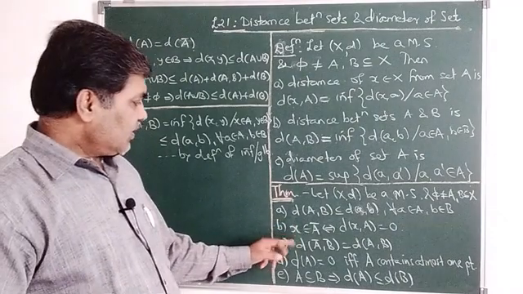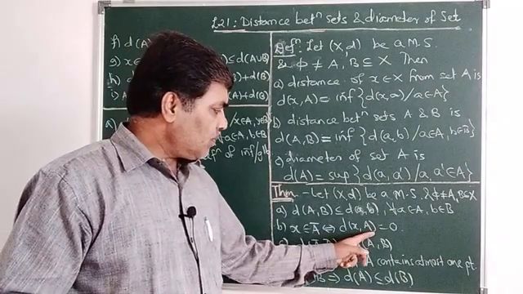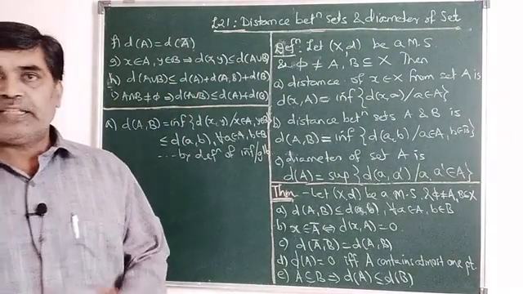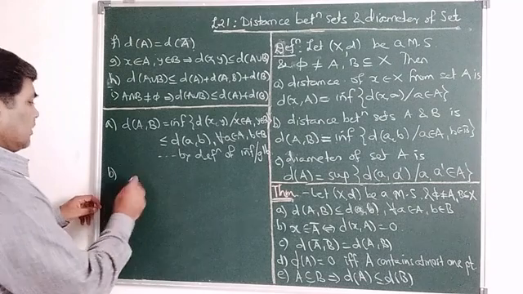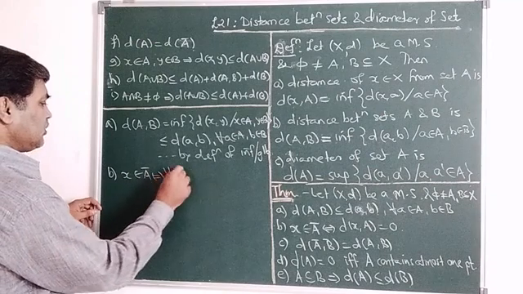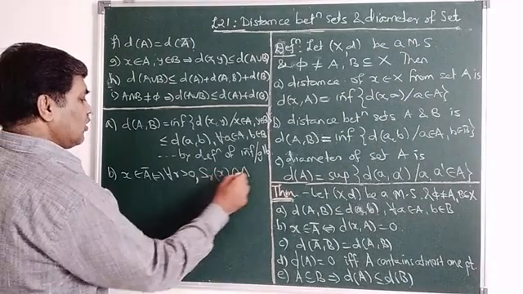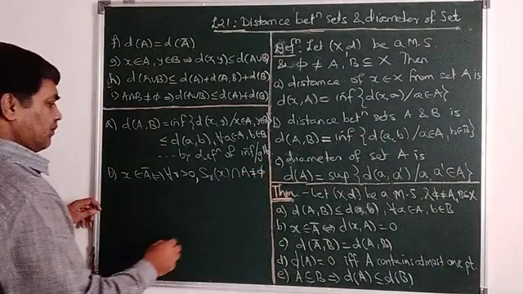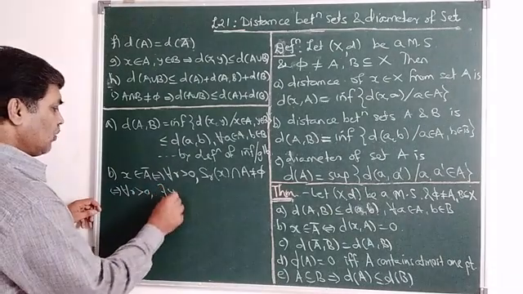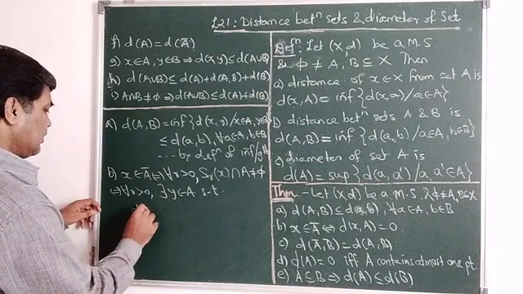The second one is that x belongs to the closure of A if and only if the distance of x from A is 0. So, x belongs to the closure of A if and only if for any r greater than 0, the open sphere about x intersected with A contains some point of A. If and only if for every r greater than 0, there exists y belonging to A such that d(x, y) is less than r.